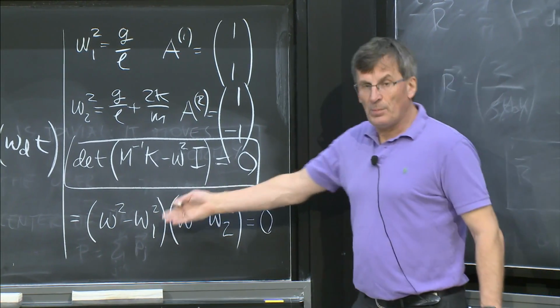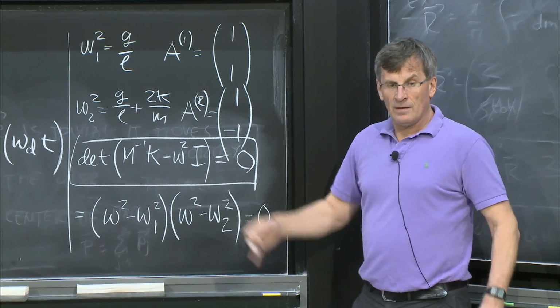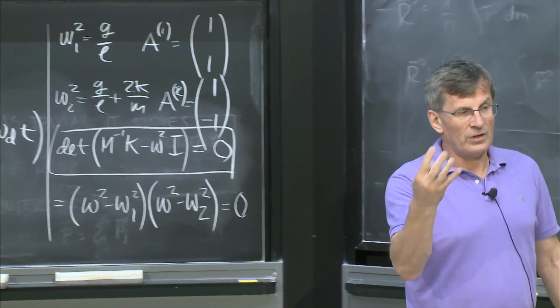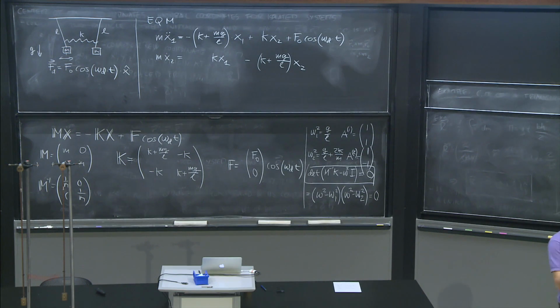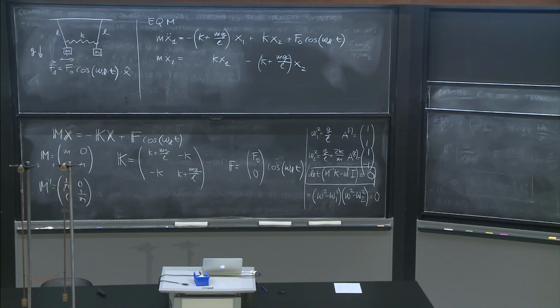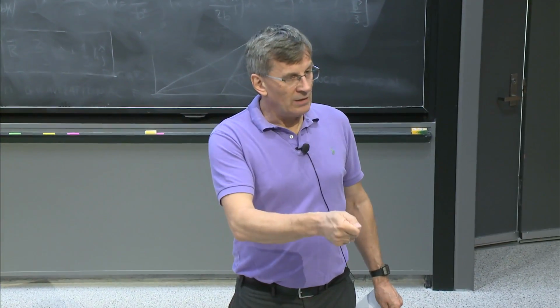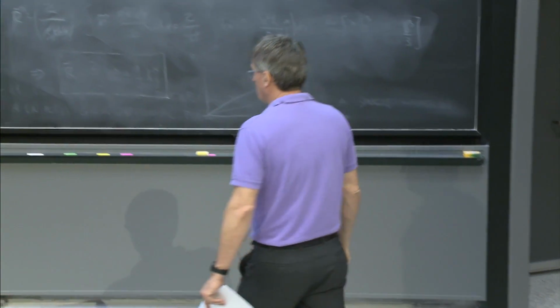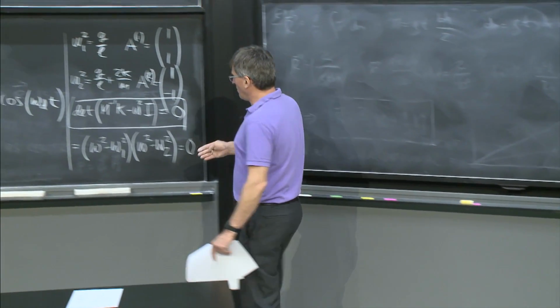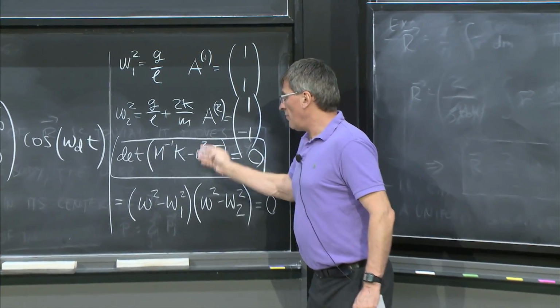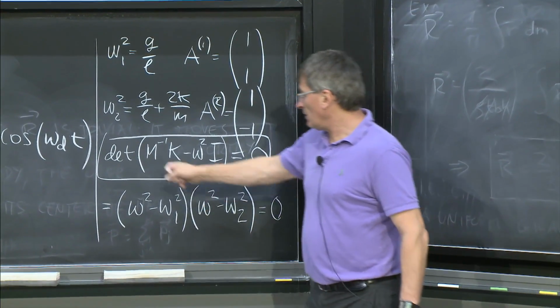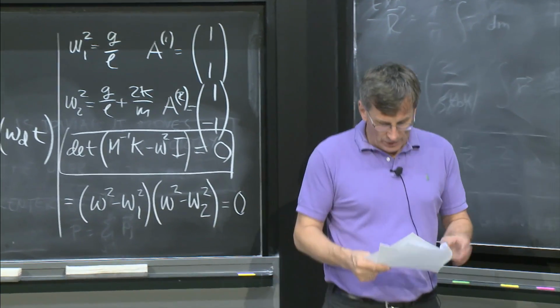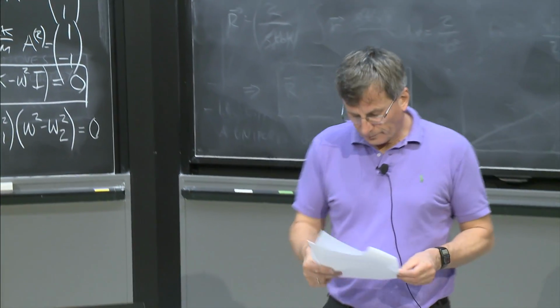And you see explicitly that this is an equation fourth order in frequency, which is 0 for omega 1 and for omega 2 in a very explicit way. So this is a nice compact form of writing this particular eigenvalue equation. Okay?